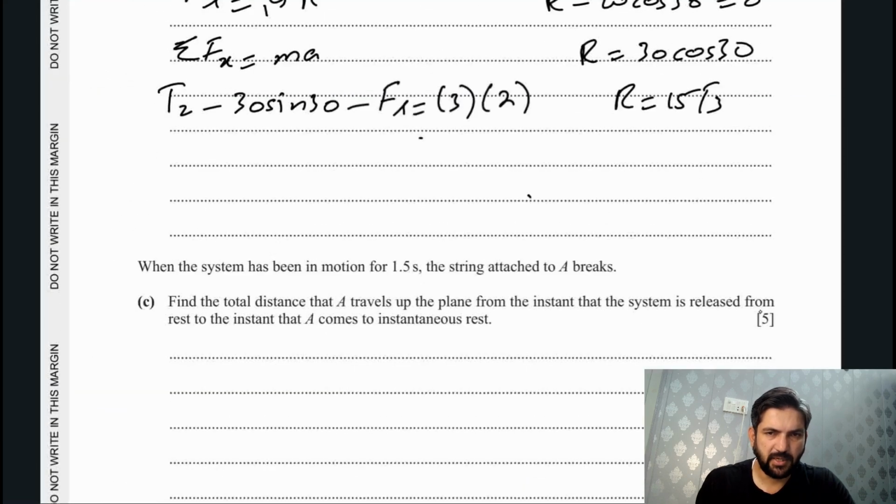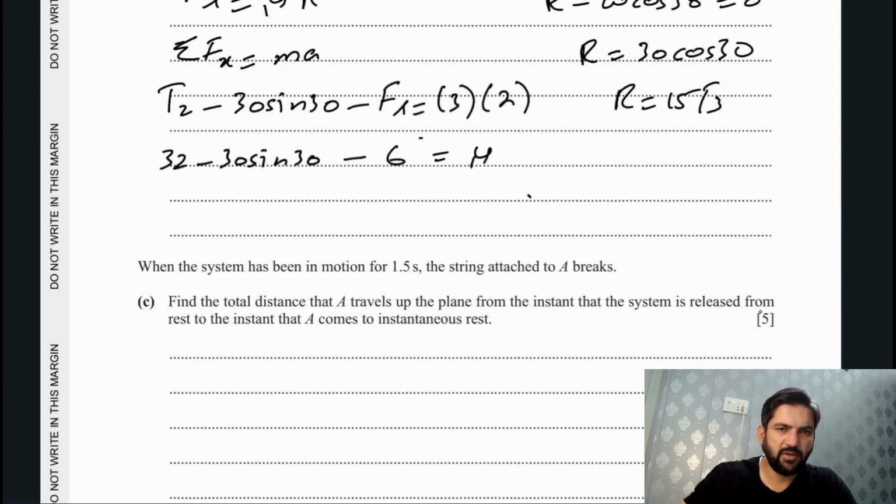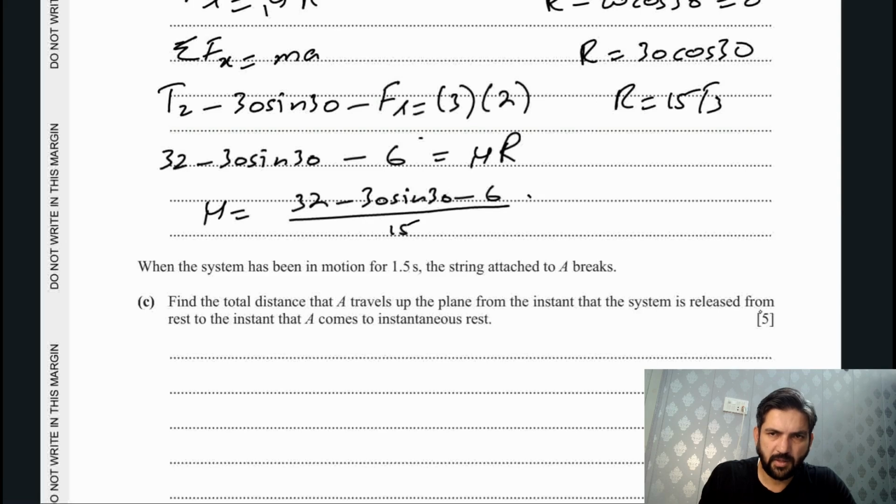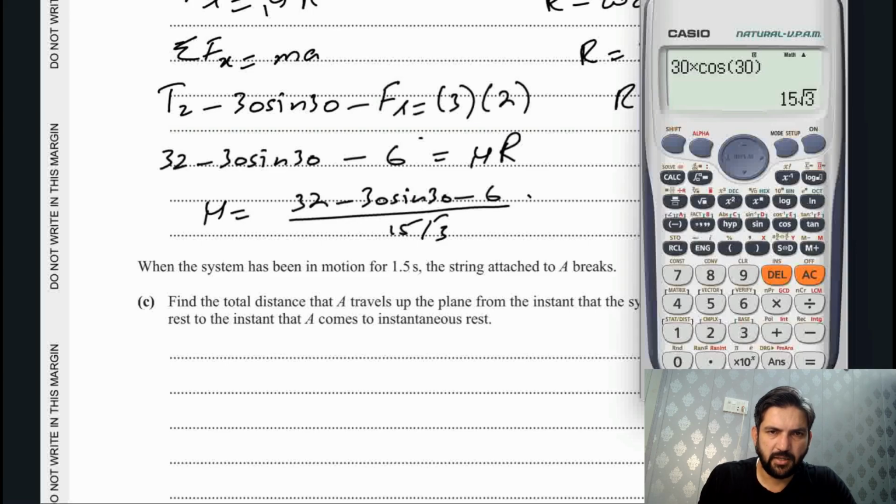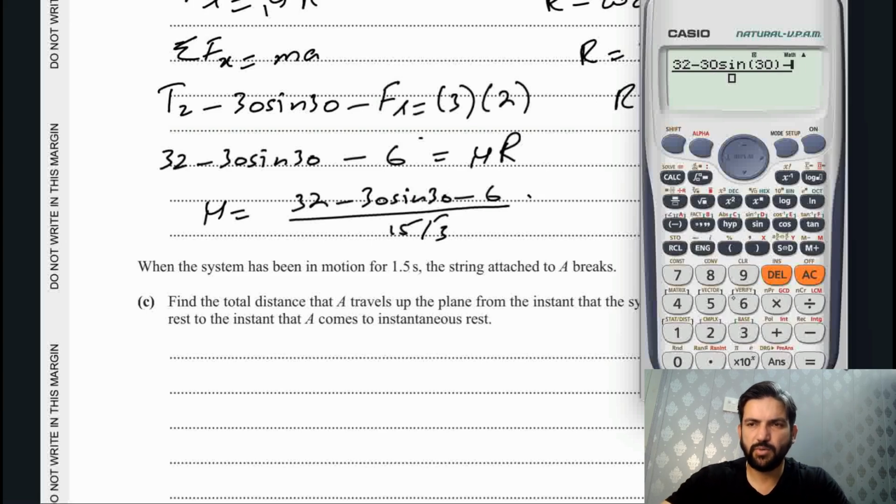So T2 is 32. So this will be 32 minus 30 sine 30 minus 6 is equal to mu R. If we rearrange it again, the coefficient of friction will be equal to 32 minus 30 sine 30 minus 6, whole divided by 15 root 3.